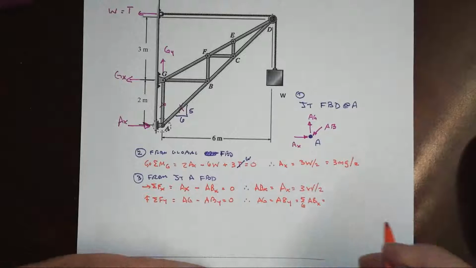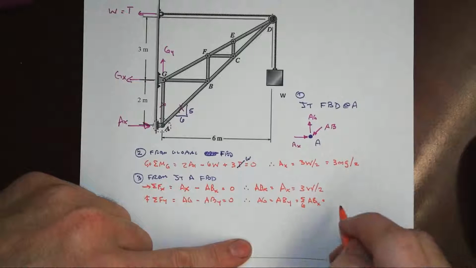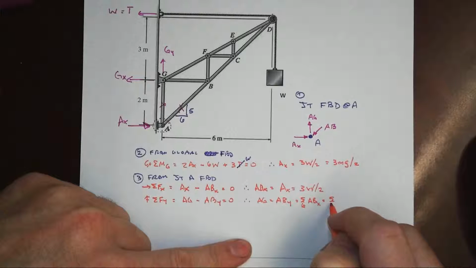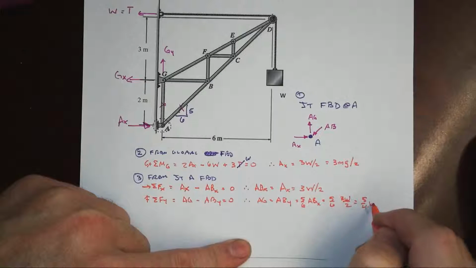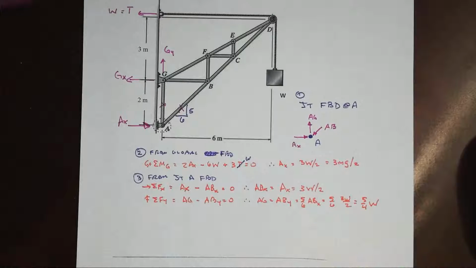And so we have 5/6 of 3W over 2, or 5/4 of W for that one.